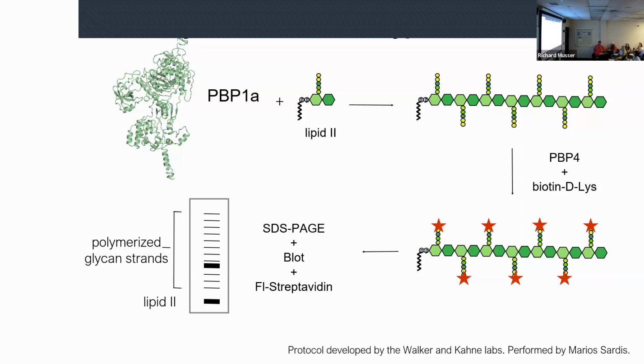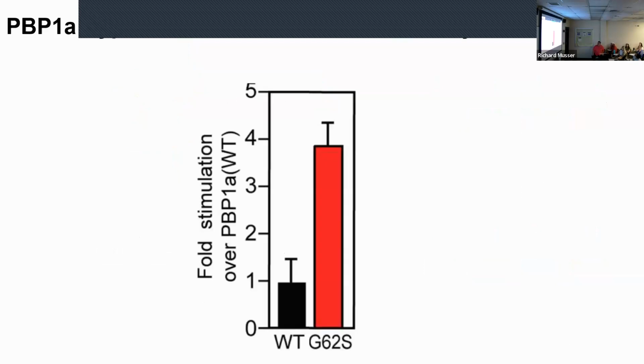This part of the research was performed by my colleague Mario Sardis. And what he found was that this G62S mutation stimulated the polymerase activity of PBP1A almost fourfold over wild type. So it is activating the polymerase activity.